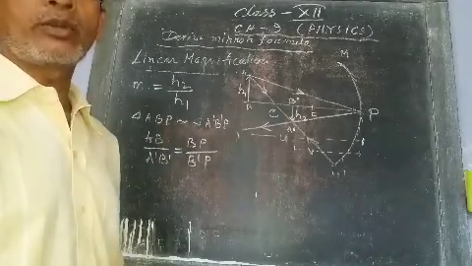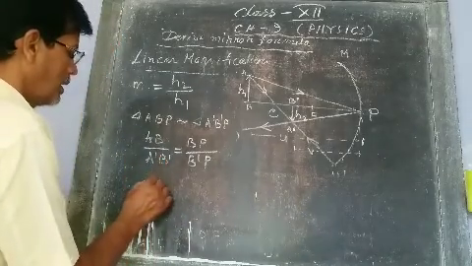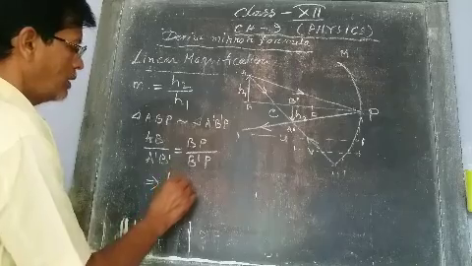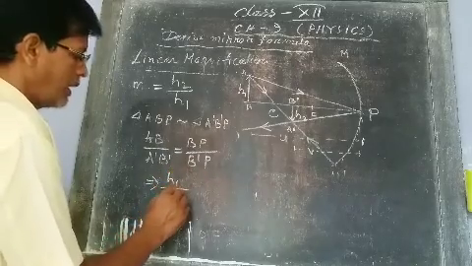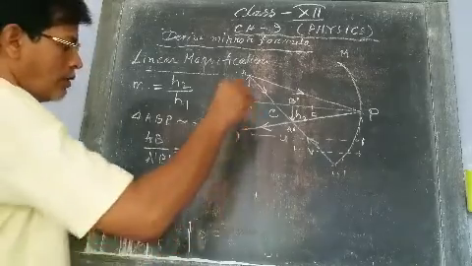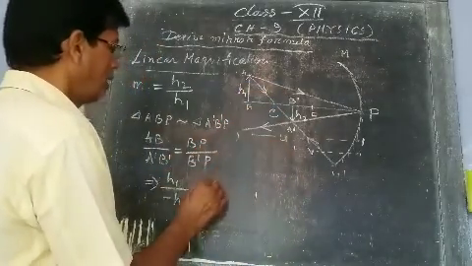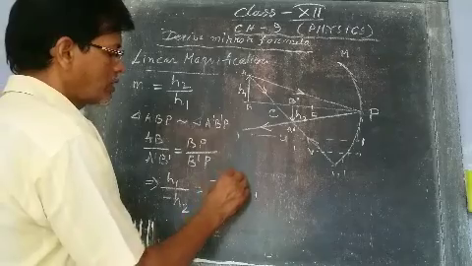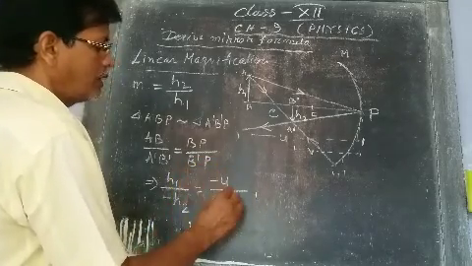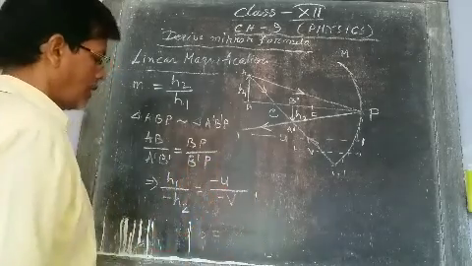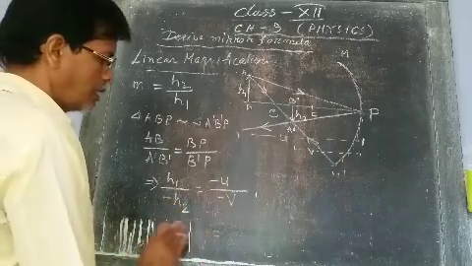Now use the sign convention. AB is H1, A dash B dash is minus H2 because this is below the principal axis. BP is object distance, so minus U. B dash P is image distance, V. So what we are getting?